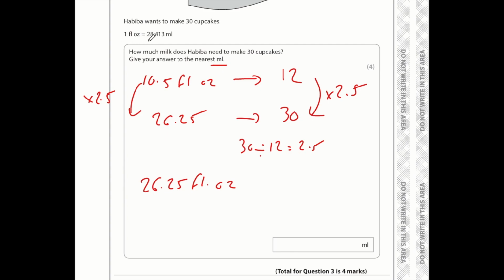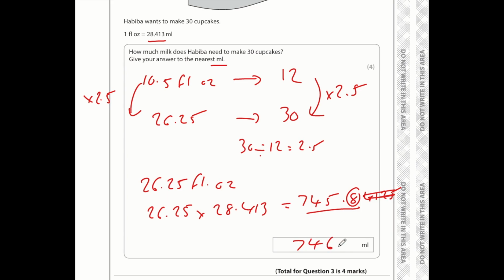If 1 is 28.413, then 26.25 lots of 28.413 comes to 745.84125. To the nearest milliliter means we're looking at this figure here. The rest we can completely ignore, and since the next digit is 5 or greater, this 5 will round up to a 6, so that is 746 milliliters.